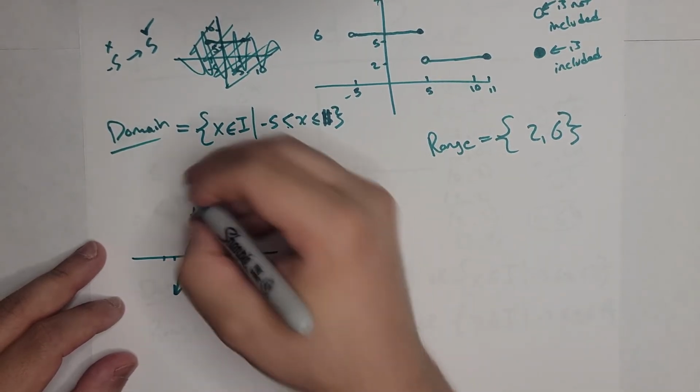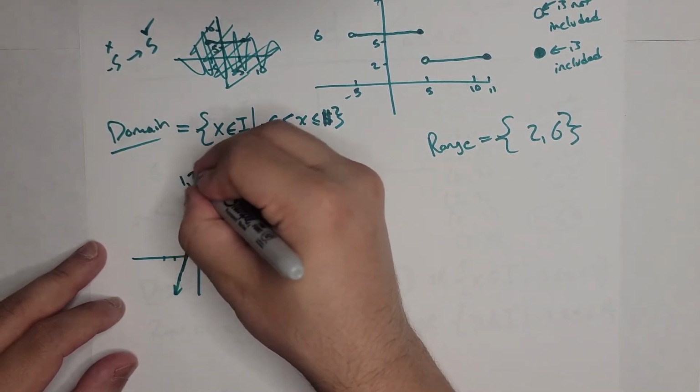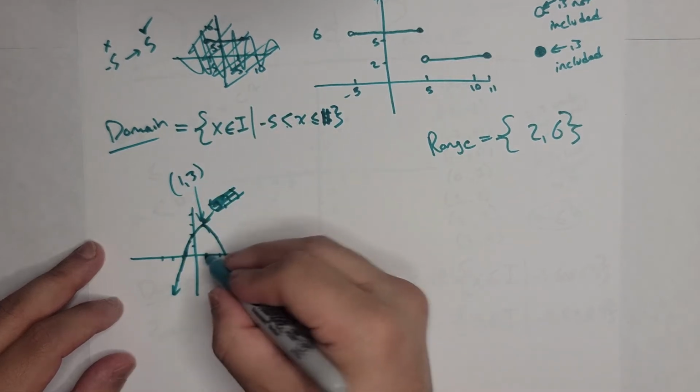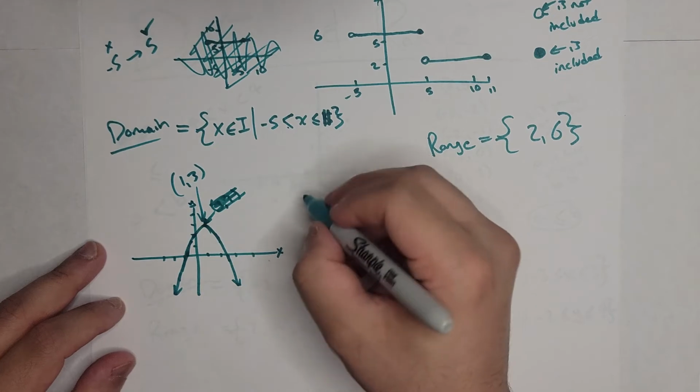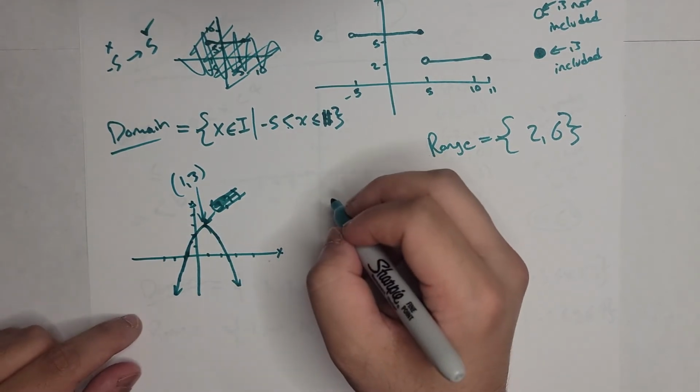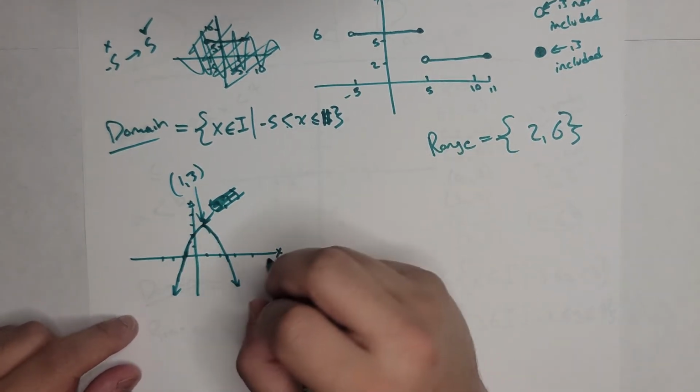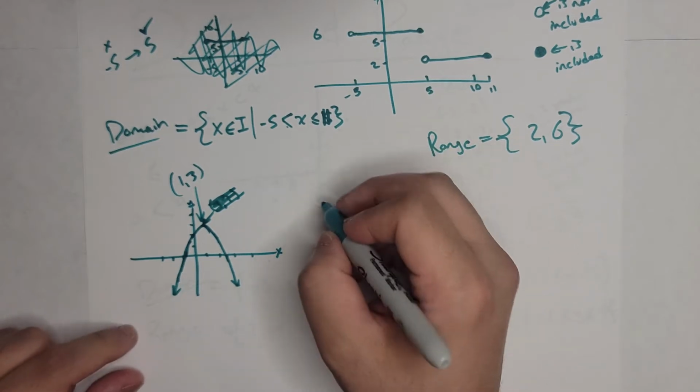Sorry, it is 1, 3, x and y. So now the domain and range for this. Let's look at the domain first.